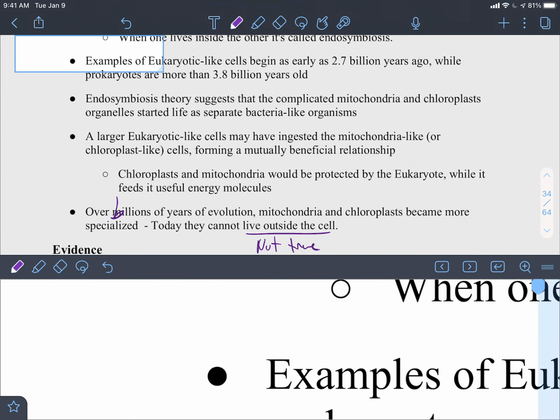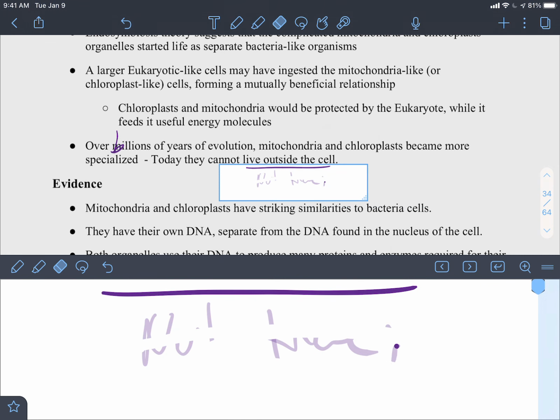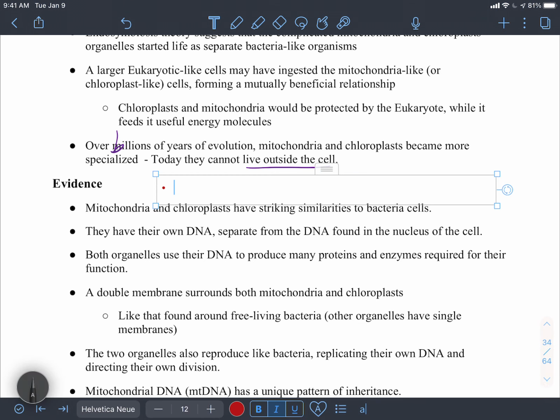Scientists have now, just recently, like within the last year, observed mitochondria free floating.